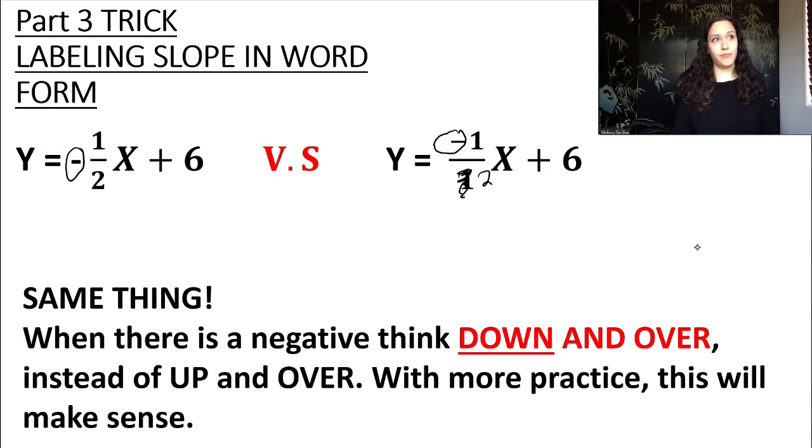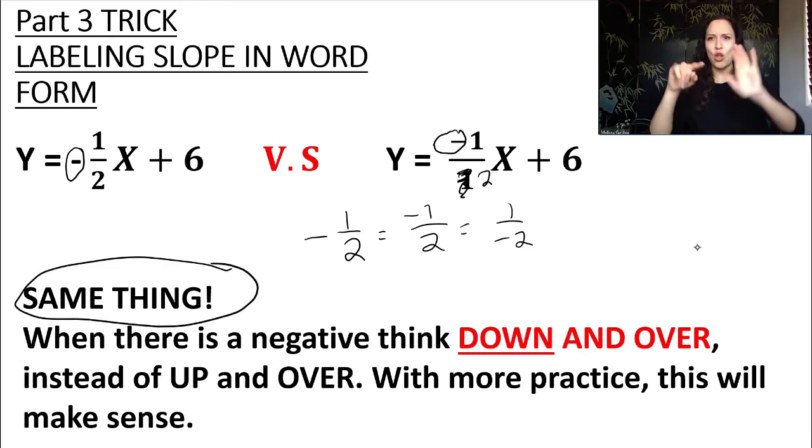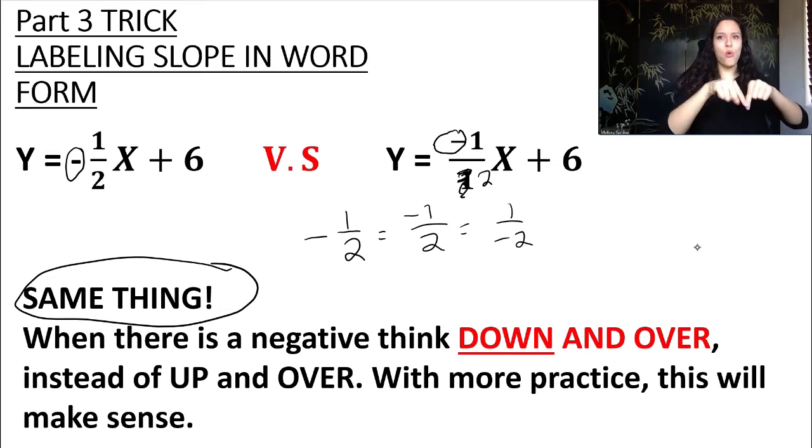It still makes a negative fraction in the end. When there's a negative, think down and over instead of up and over. With more practice, this will make sense.